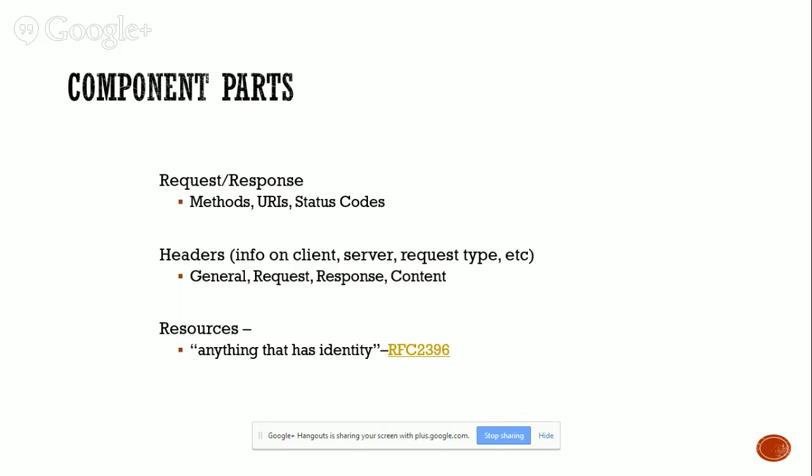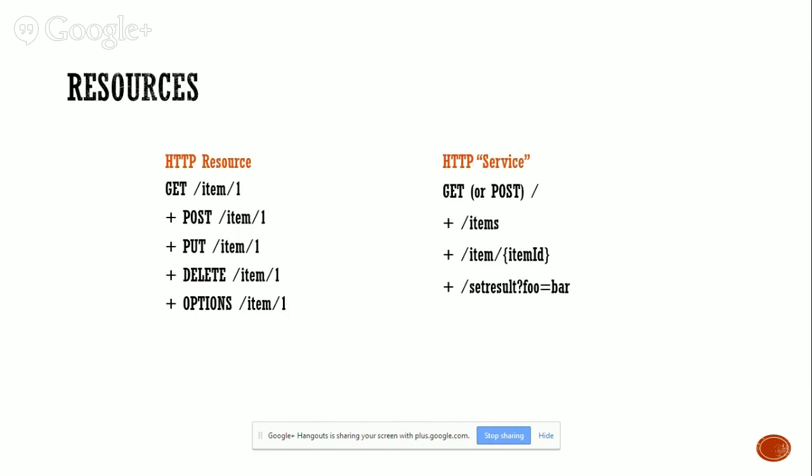And then lastly, there's also the notion of resources. And a resource, according to RFC 2396, is anything that has identity. And identity in HTTP is defined by a URI. So a resource, and this gets into the notion of routing, and the library that I'm going to mention in a moment focuses on HTTP resources as opposed to just random sets of services or posts on different URLs.